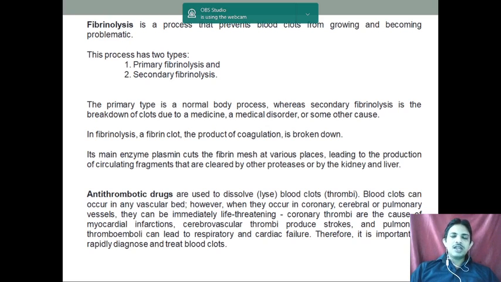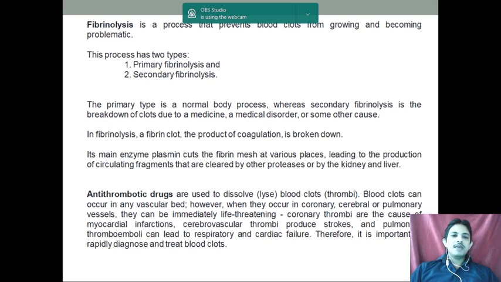Now if we remember the coagulation mechanism, the main enzyme plasmin cuts the fibrin mesh into various places, leading to the production of circulating fragments that are cleared by proteases or by the kidney and liver. What does it mean? Plasmin is responsible for the breakdown of the insoluble fibrin mesh.